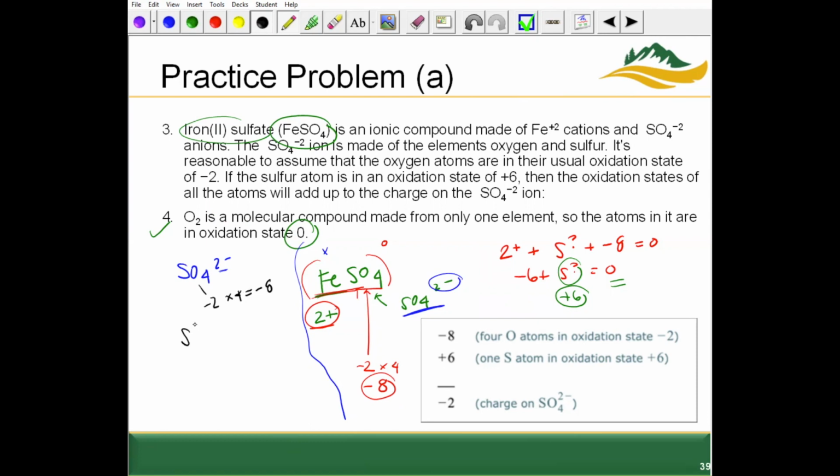So now we have the charge on sulfur and -8. This has to add up now to -2, right? So that's the charge on sulfate. This whole ionic compound was neutral, but here this has to add up to -2. That means sulfur has to have an oxidation state of +6. +6 plus -8 is -2.